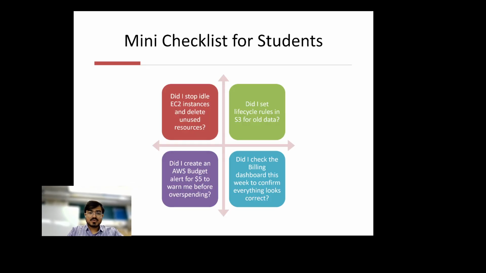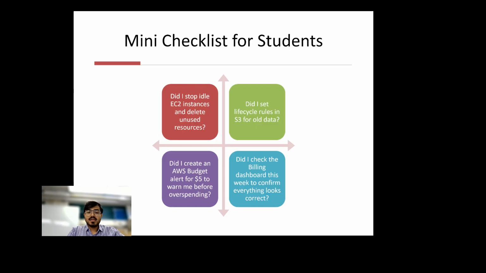Let's check a student mini checklist. As a student, here is a mini checklist to stay safe with AWS cost. Did I stop idle EC2 instances at the end of the day? You can ask that question to yourself. Did I clean up unused resources like snapshots and test projects?